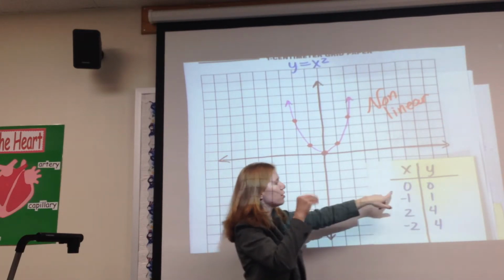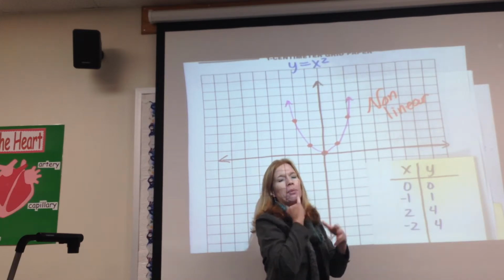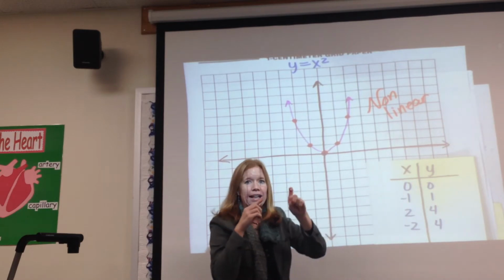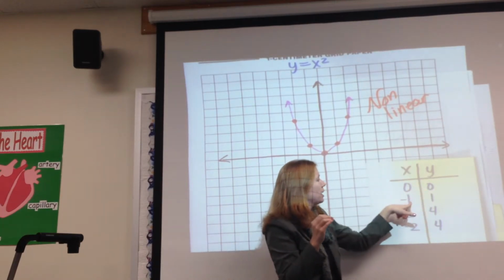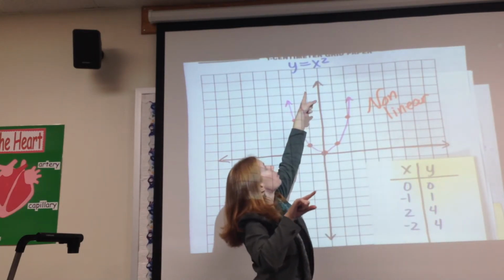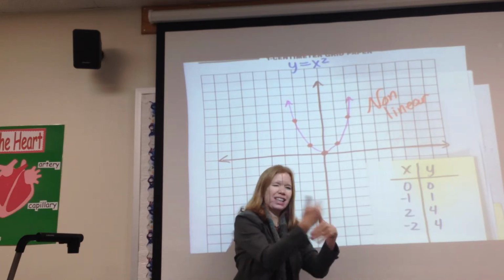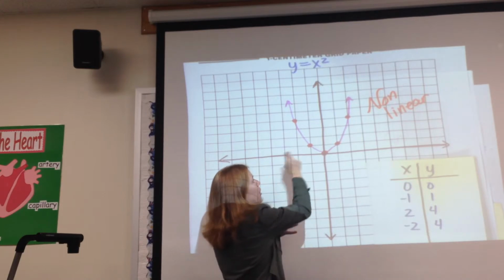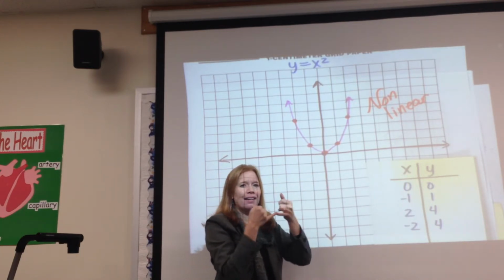If I just make up some numbers to put in for x, I can figure out how much is y. So if I substitute in 0 for x, so 0 squared equals 0. Okay? If I substitute in -1 in my equation, -1 squared equals 1. So I keep going that way, come up with some numbers for my chart, and if I plot them, it would look like this. This is not linear.